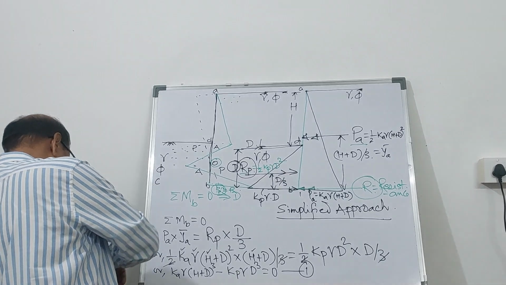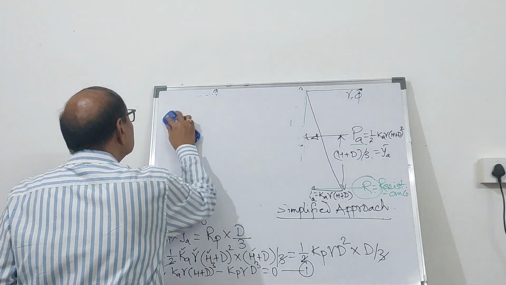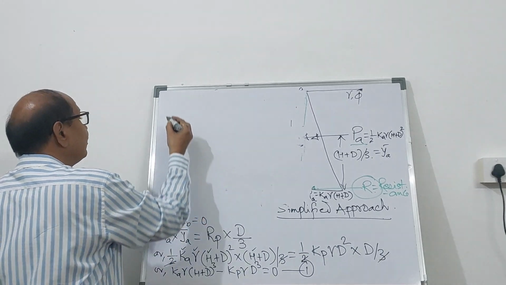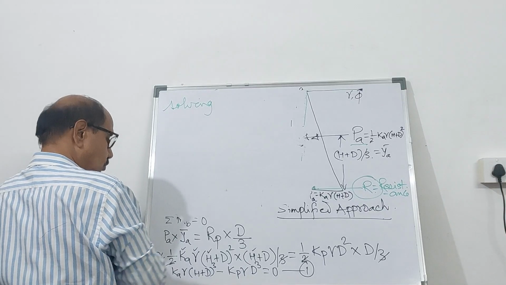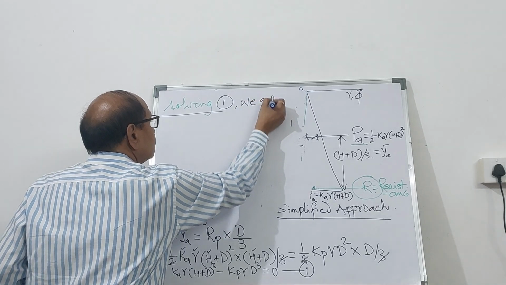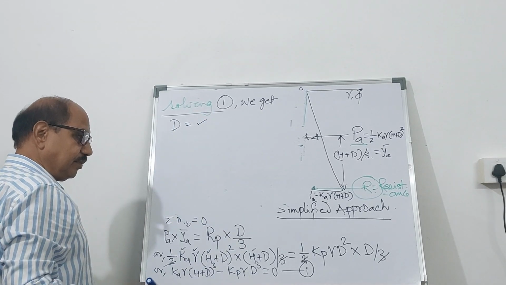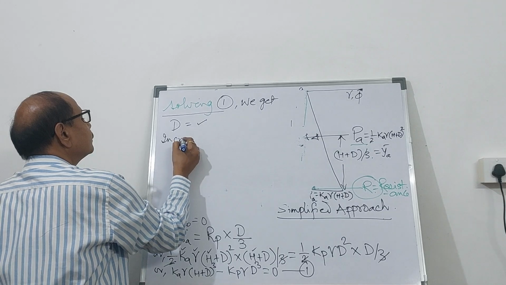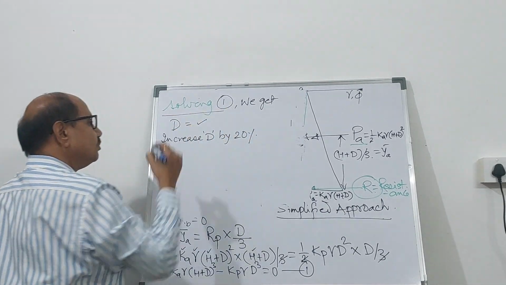So therefore, solving one, we get d. So d in meter, we can calculate, and then increase d by 20% to 30%.